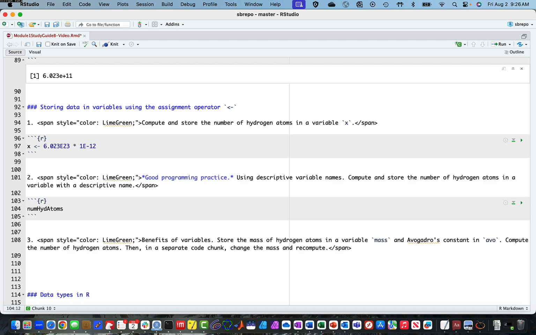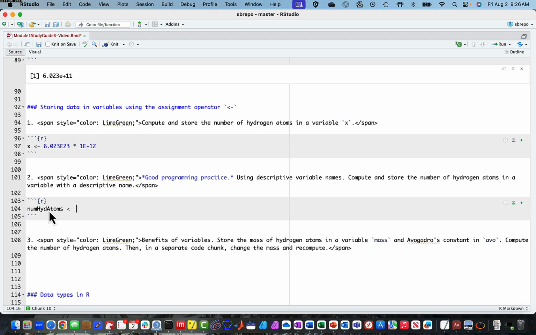And this way of naming variables, where the first word is lowercase, so num is lowercase, and then the rest of the words have the first letter capitalized, is known as camel case because it sort of looks like a camel. It is a good way to have descriptive variable names that are basically like phrases containing multiple words, making it easy for the variable to be descriptive of what data it stores.